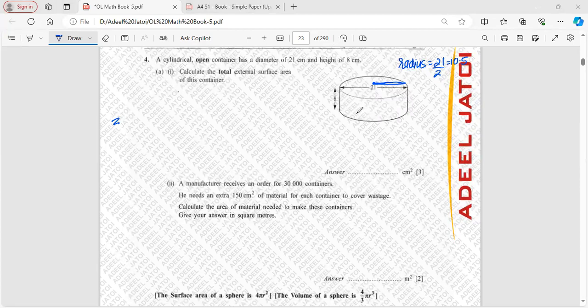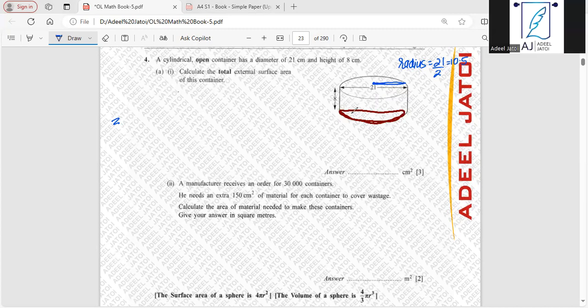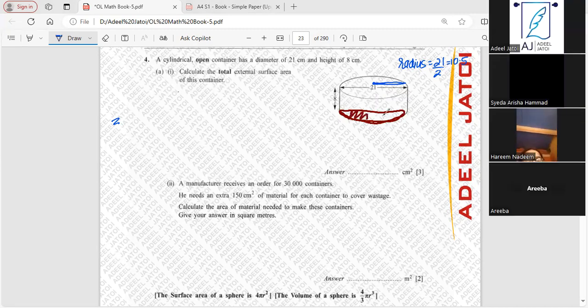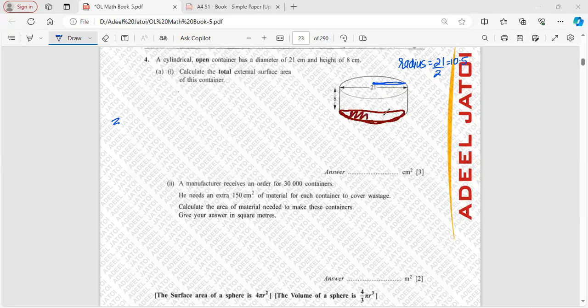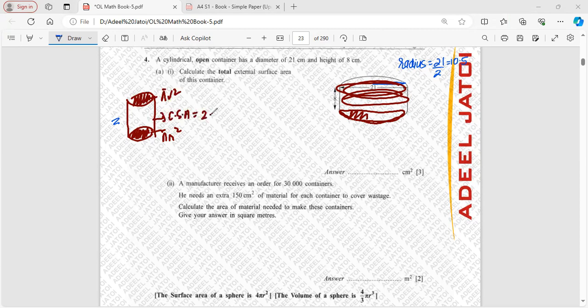Total, that means the base area and the curved surface area of the cylinder. Because the normal cylinder is like this, so when we talk about total surface area, this is your circle pi r square, this is your circle pi r square, and this becomes your curved surface area, that is 2 pi r.